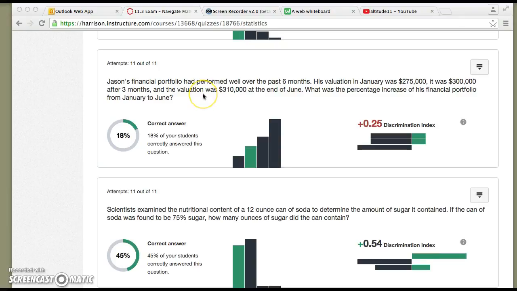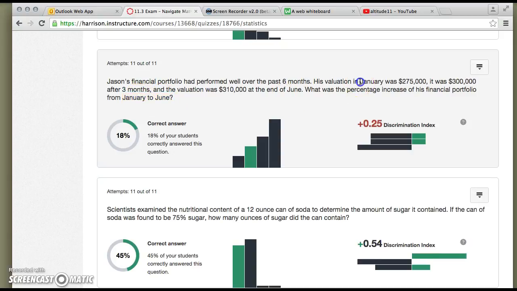So we are looking for the percent increase from January to June. Now these are two very important words to us here because January and June give us a starting point and an ending point. So we only want to concentrate on the numbers that deal with January and June.